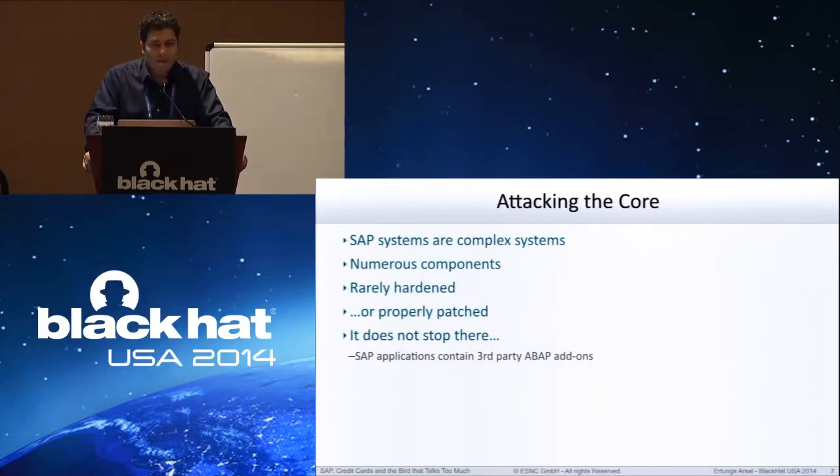So these systems are very rarely hardened. And sometimes it is even very difficult to patch these systems. On top of it, there are additional components that can be installed on the SAP system. These are SAP applications by third parties. These can be document management solutions, scanner solutions on an enterprise scale.